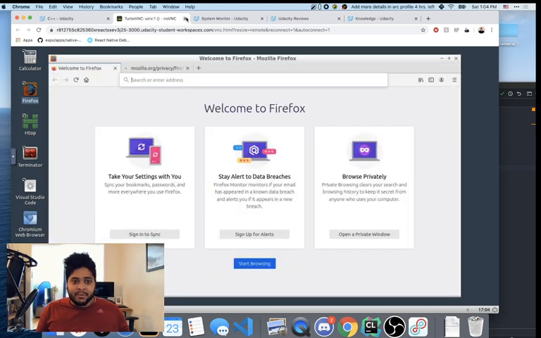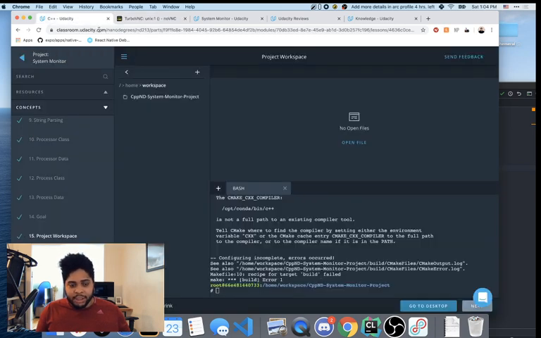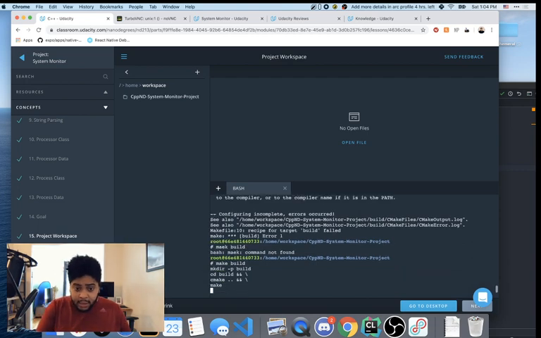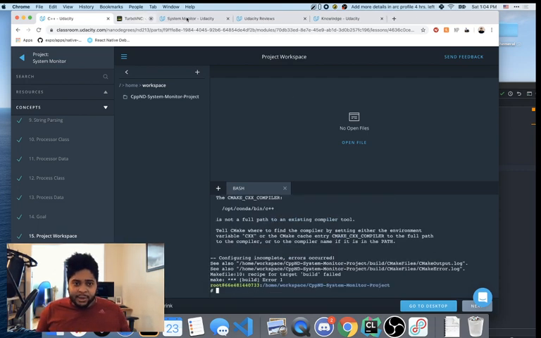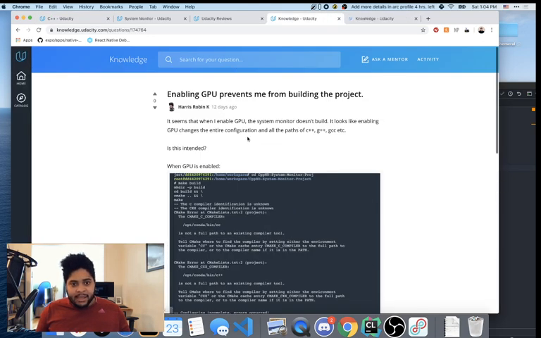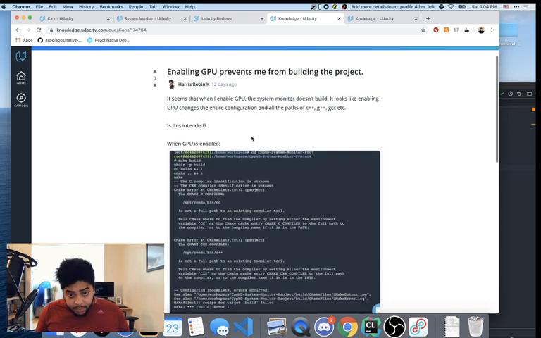I remember that when GPU mode is enabled, we can't build our project. Before we even lost the enable GPU option, I asked about this because I was curious why I would have to disable GPU to build a project. So I asked a question here: enable GPU prevents me from building the project.